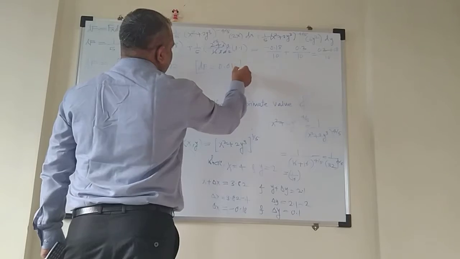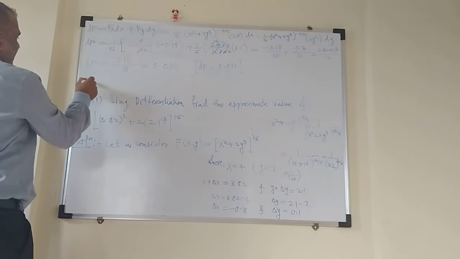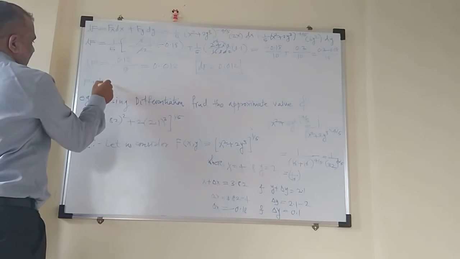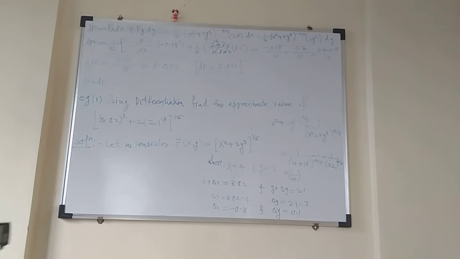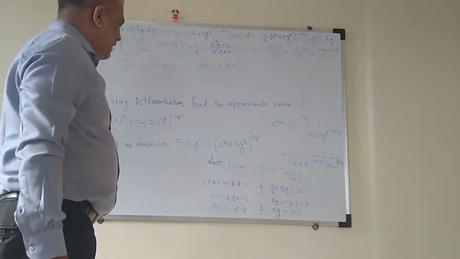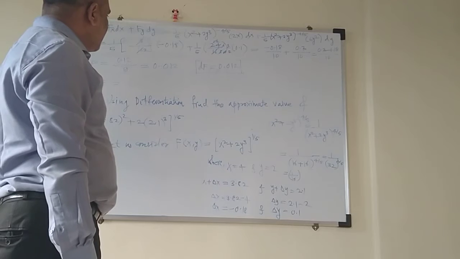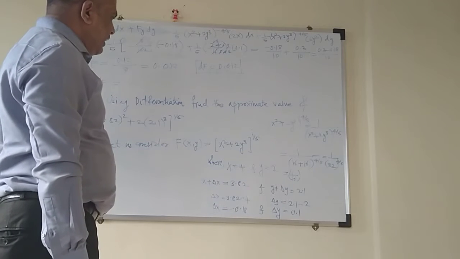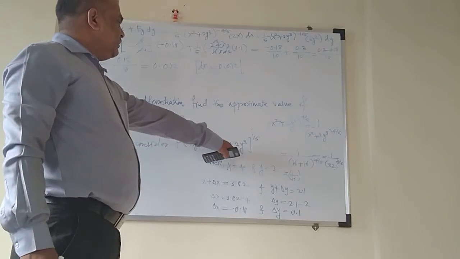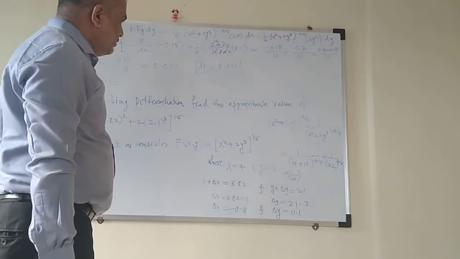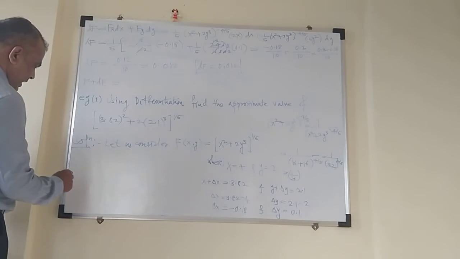Now from this value, you can calculate the value of f plus df. But what is the value of f? You can calculate it from here, just putting the values of x and y into this bracket. So let me calculate the value of f here.